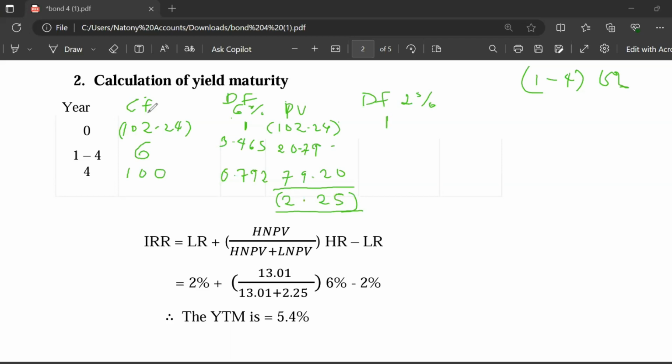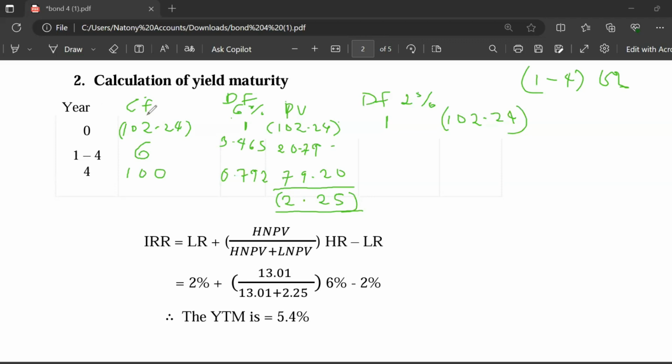For year zero, the discount factor remains 1. The present value remains negative 102.24, in brackets. Then annuity at 2% for 4 years. What will that give?